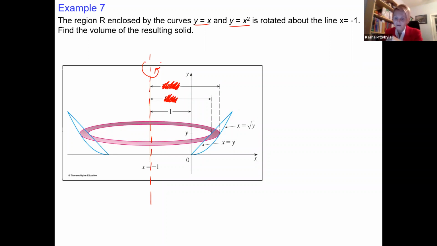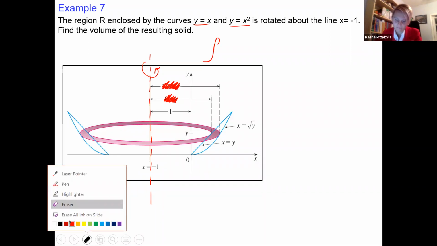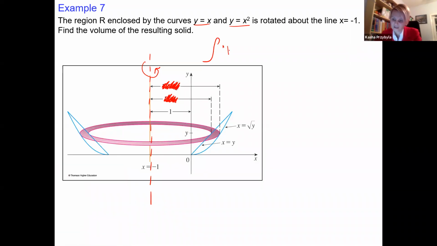We can nicely see it is again a washer. We're integrating with respect to y, that's the washer volume, but can you tell me the limits of integration?